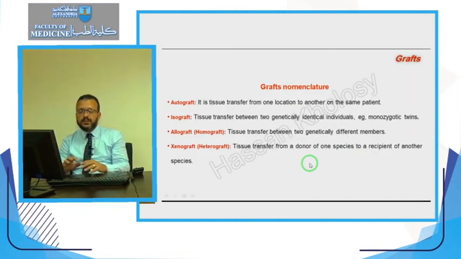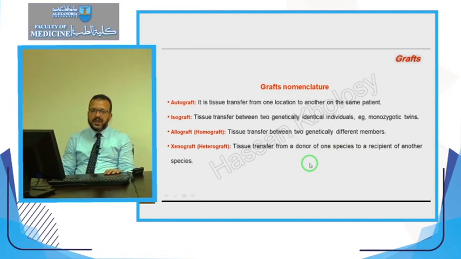There are different types of grafts. We've been speaking about skin graft, so there are different classifications of skin graft. First, the relation between the donor site and the recipient site in which individual. If we have the donor site of the skin graft and the recipient site in the same individual, the graft in this situation is called autograft.